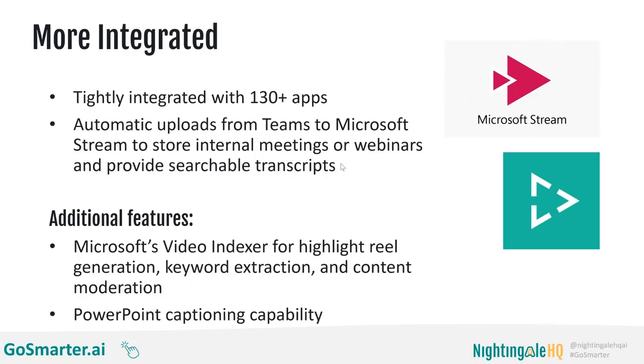It does an awful lot of processing powered by AI on your videos. And secondly, because with Teams you generally have Microsoft 365, you also have the ability to use live captioning on PowerPoint.